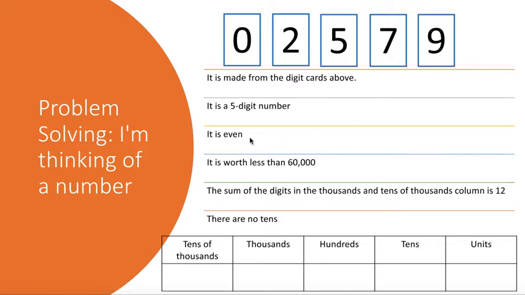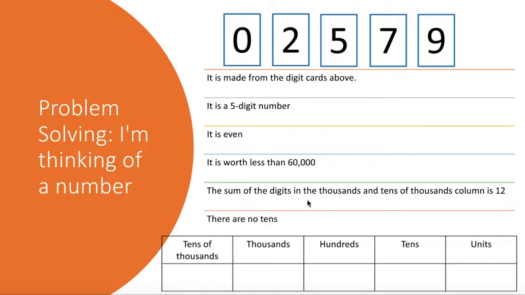My next clue is that it's even. Now I know that even numbers end in 0, 2, 4, 6 or 8. It is worth less than 60,000. If it's worth less than 60,000, it can't be 70-something thousand or 90-something thousand.